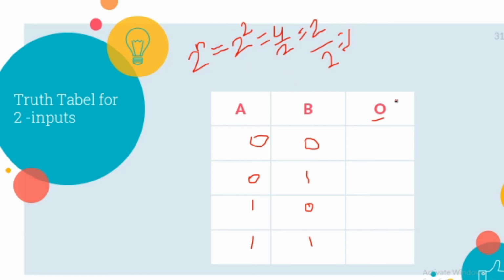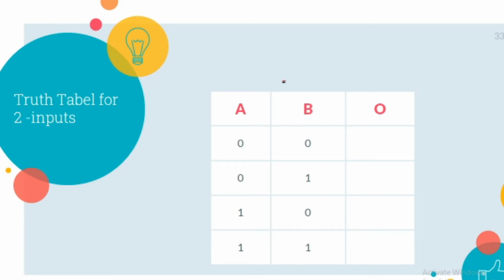Now discuss its output. As we have discussed above, in case of OR gate, if any one of the inputs is high, then our output will be high. In the first case, both our inputs are low, so our output will be low. In the second case, one is high and the other is low, so it will be high because one of them is high.